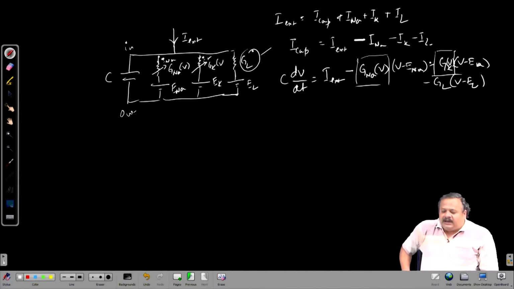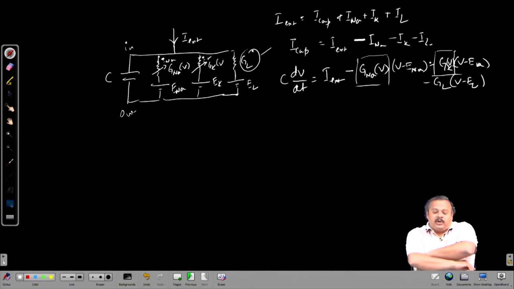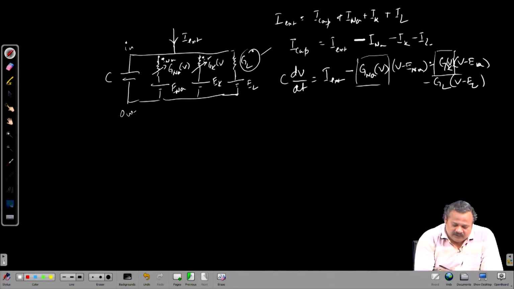If you recollect, when we talked about the patch clamp recordings, we had done this little experiment that was similar to what Hodgkin and Huxley did. We do a voltage clamp, that is, we are at V rest, let us say minus 60 millivolts, and we go up to minus 20 millivolts and clamp it there.